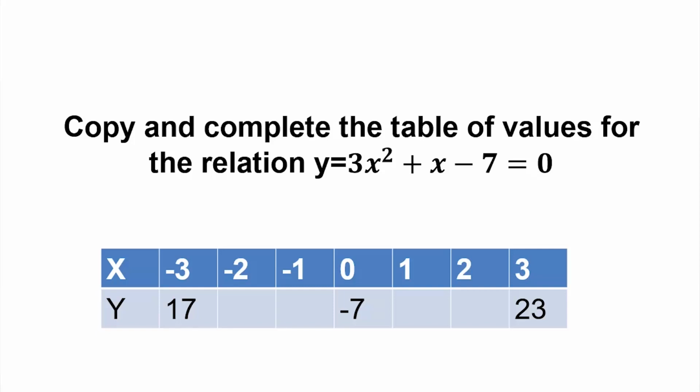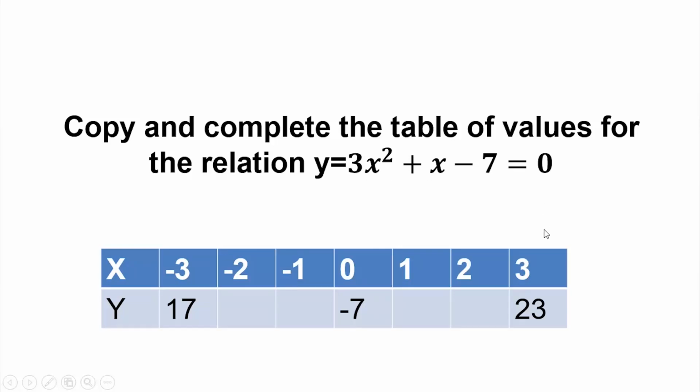Question. Copy and complete the table of values for the relation y equals 3x squared plus x minus 7. Neglect this part not equal to 0 because you have equal to here. So just minus 7.